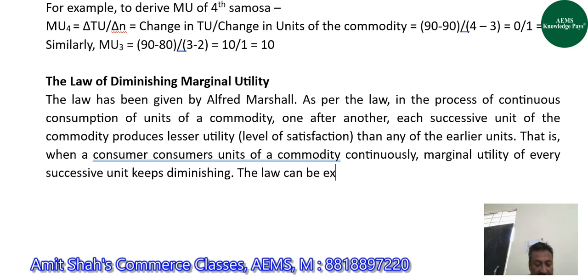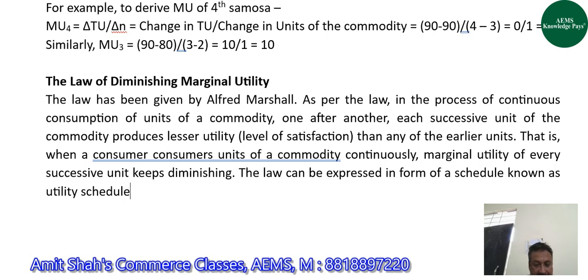The law can be expressed in the form of a schedule known as the utility schedule. So this is TU of chapatis, this is marginal utility of chapatis, and this is units of chapatis.